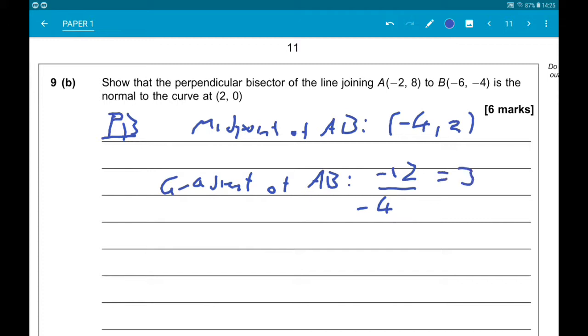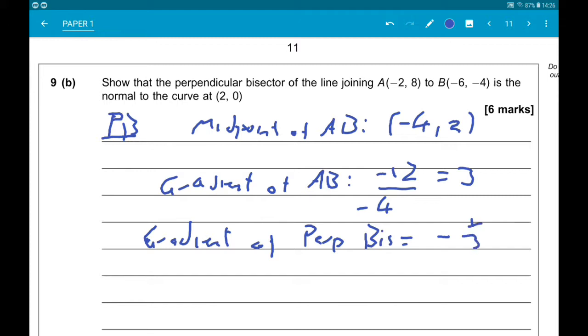Okay, now the gradient of the perpendicular bisector is going to be the negative reciprocal of that. So the gradient of the bisector is going to be negative 1/3.